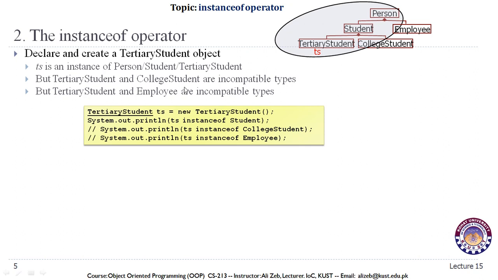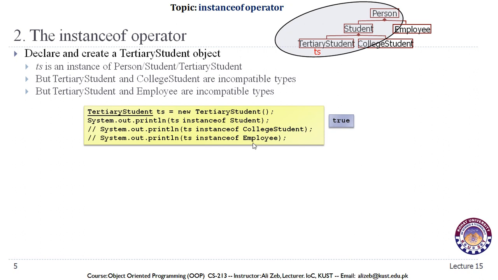But TertiaryStudent, as we can see, has no relationship with the CollegeStudent. These are incompatible with each other. We cannot, let's say, compare the TS object with the CollegeStudent or the Employee class. TertiaryStudent and Employee are incompatible types. We will get compilation errors for these two comparisons, and we should get a true for this one.